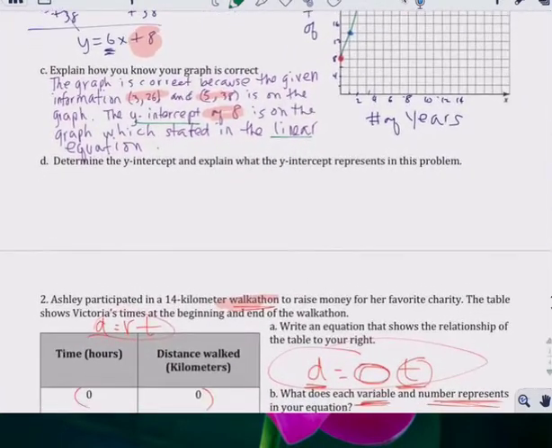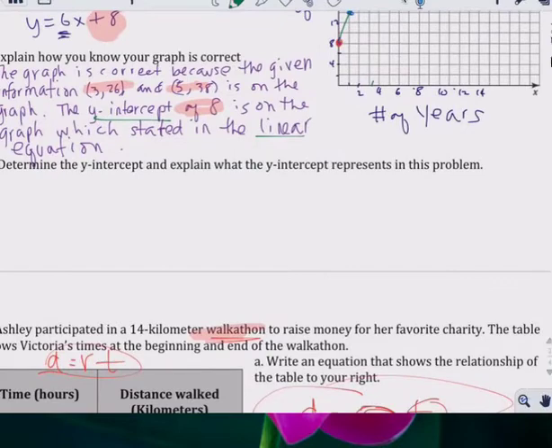Determine the y-intercept and explain what the y-intercept represents in this problem.